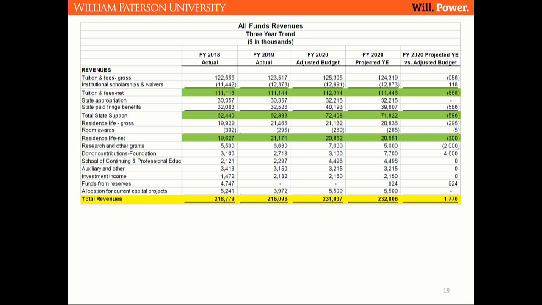I will talk a little bit more about that in a second. That's because we're required by the board to have a balanced budget. And this year, for a number of reasons, we're going to have to take some funds out of reserves to help balance the budget, even after the cuts that we've made this year.